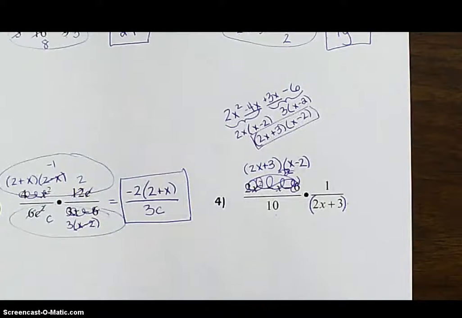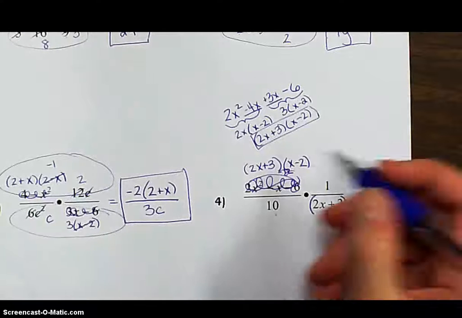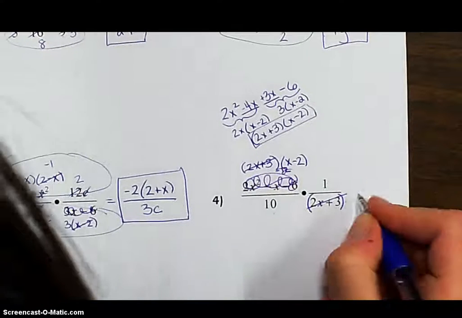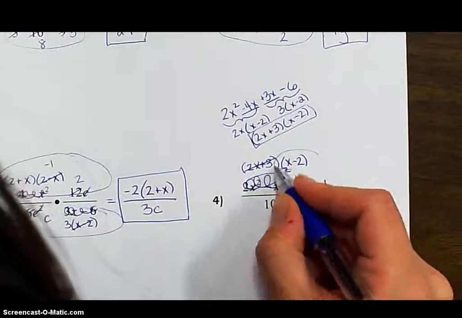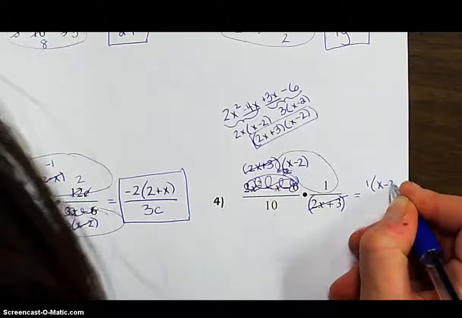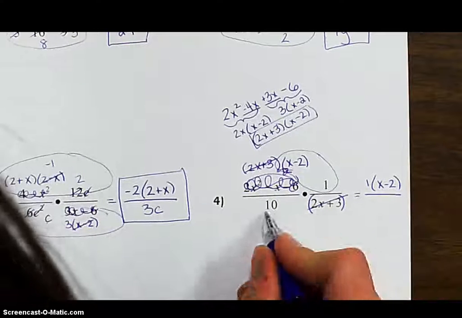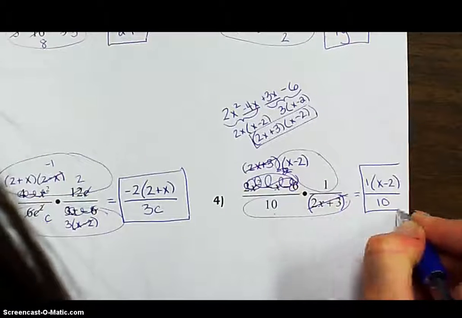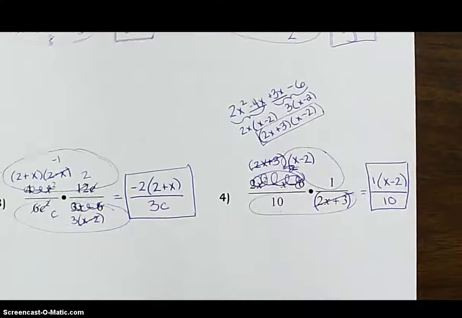Is anything exactly the same in the numerator as it is in the denominator? Sure is. We can cross off 2x plus 3, 2x plus 3. So let's see what's left. X minus 2 times 1, all over. And what's left in the denominator? Just a 10. And that is our final answer there.